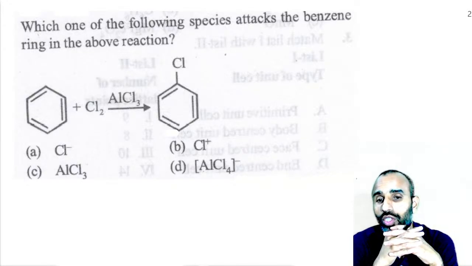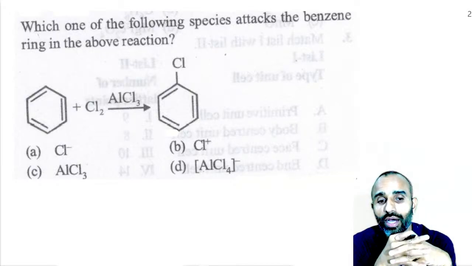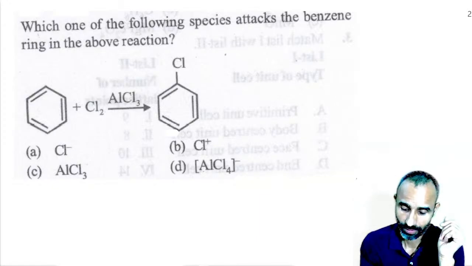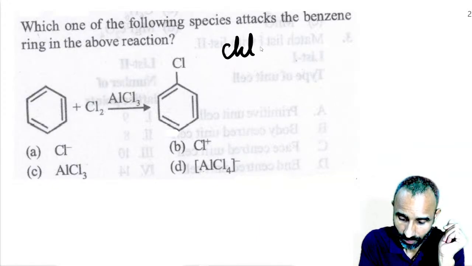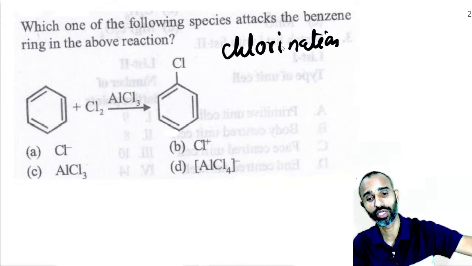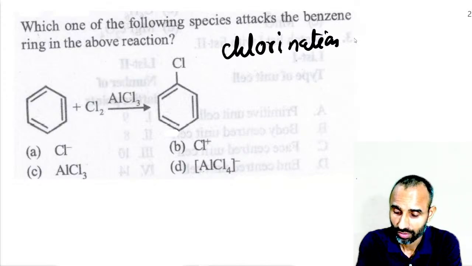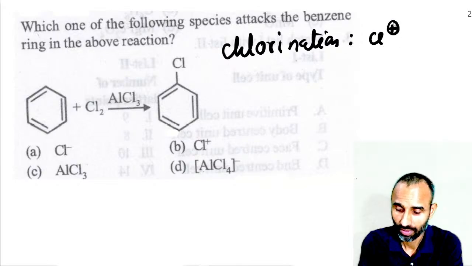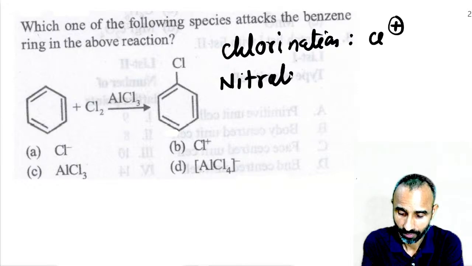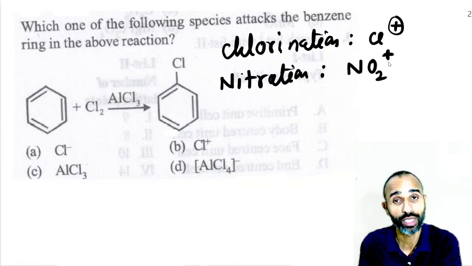Yes, we have done this question in the last session. Which one of the following species attacks the benzene ring in this reaction? Cl positive, sir. Yes. So this is a chlorination reaction, and they are electrophilic substitution reactions. So here we have Cl positive, electrophile, and which electrophile is used in nitration? NO2 positive, sir. So in nitration there is NO2 positive.